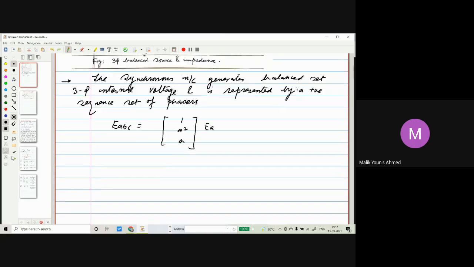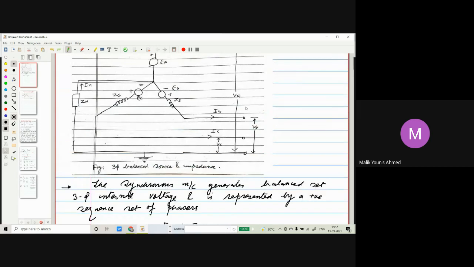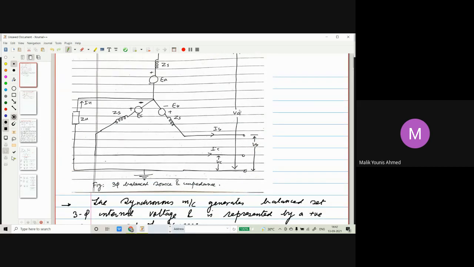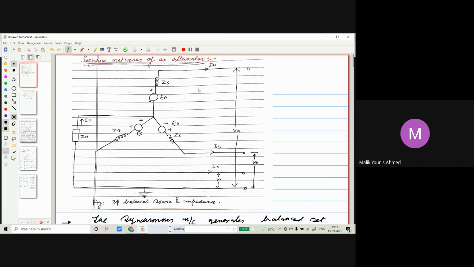So if we apply KVL here, you can see the voltage VA in this loop between this phase and the neutral. Voltage VA can be written as, first you go here EA, then the current here, IA ZS, will be minus. If we are moving from here, first sign is negative, minus IA ZS, then positive EA.